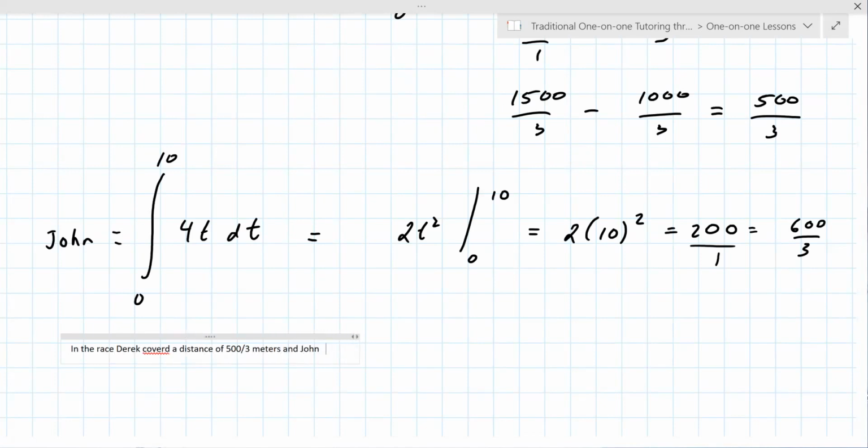And John covered a distance of 200 meters. You could throw in parentheses, that's 600 over 3, indicating that John won the race because he covered more distance in the same amount of time.